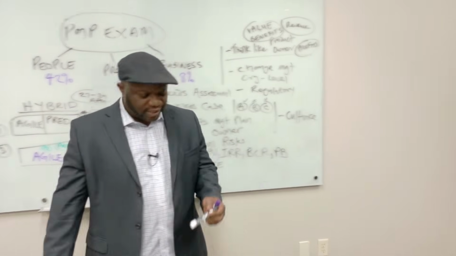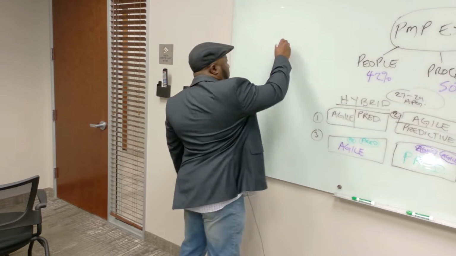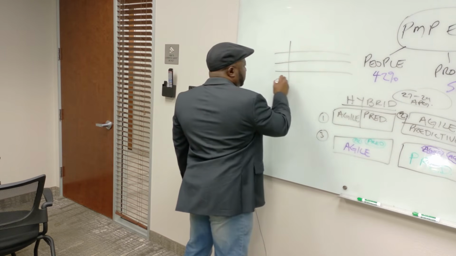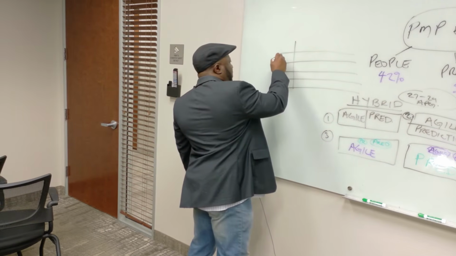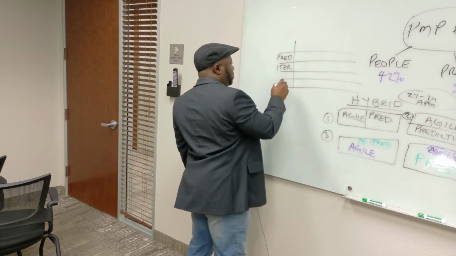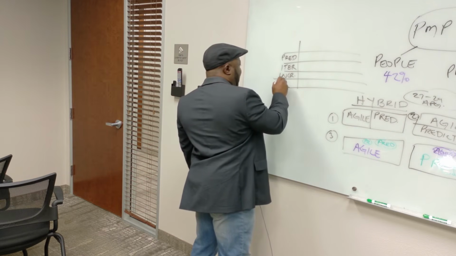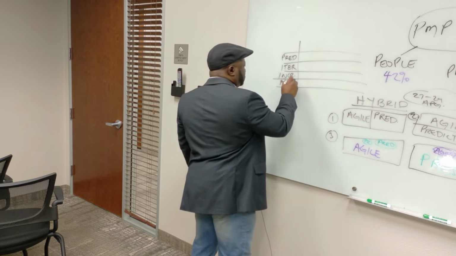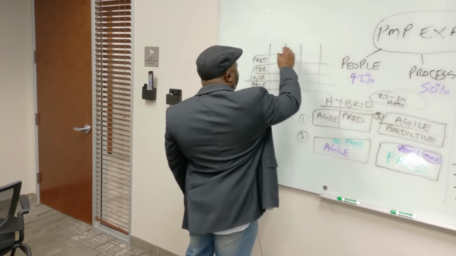One other place in the Agile Practice Guide that you need to understand is where we have that table, right, that breaks down the delivery approaches. So we have predictive, we have iterative, we have incremental, and then agile. And then we have different variables talked about.